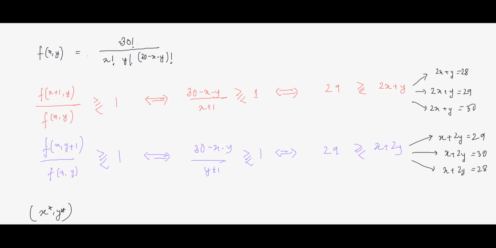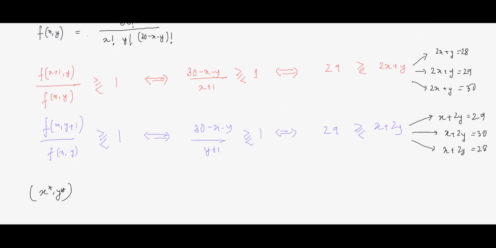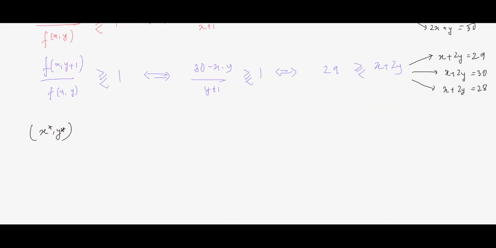So observe that the maximum must satisfy both of these. So we have that 2x star plus y star must be either 28, 29, or 30. Similarly, x star plus 2y star must be either 28, 29, or 30.